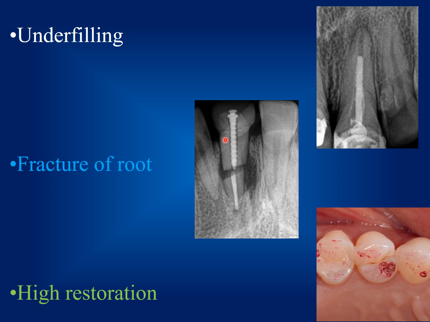Fracture of the root. Any trauma to the tooth may fracture the root. Of course, fracture of the root depends on where is the fracture, more coronally, in the middle region, and in the apical region. The worst scenario is in the middle region, whereby we cannot save the tooth.